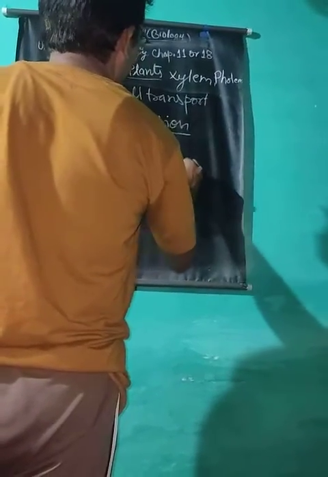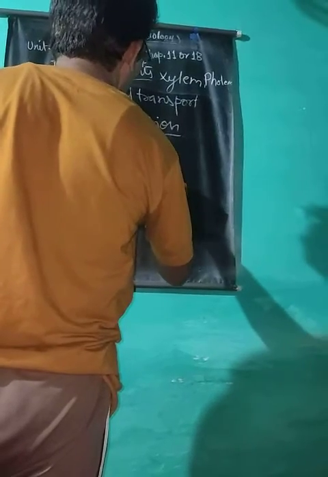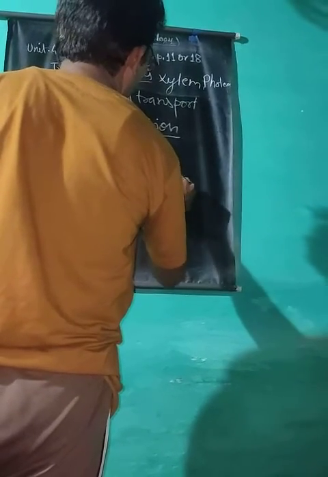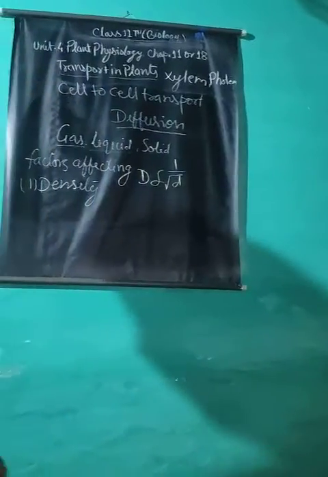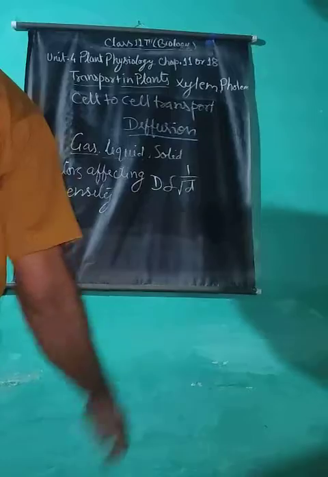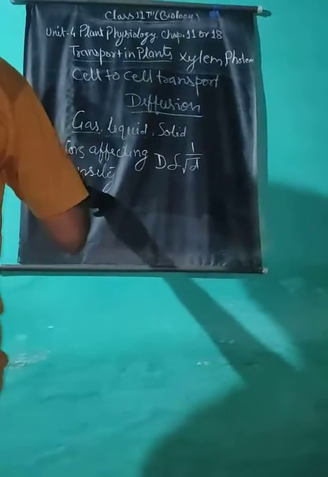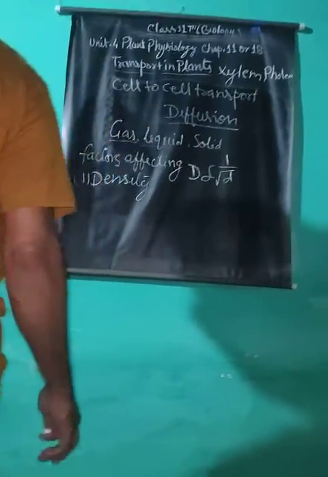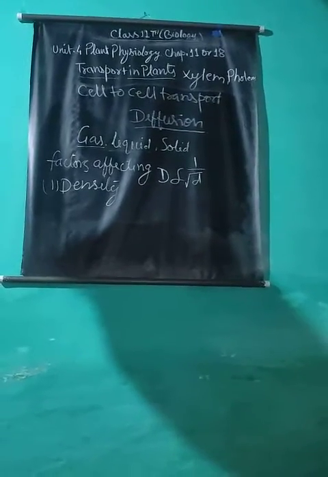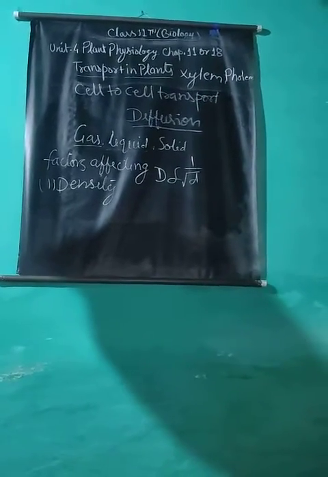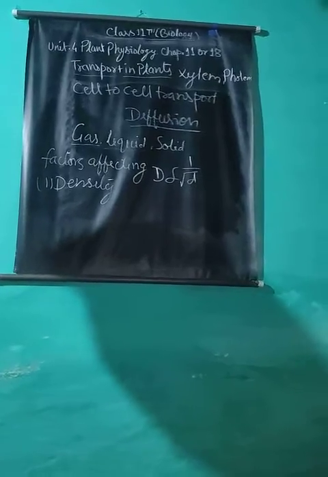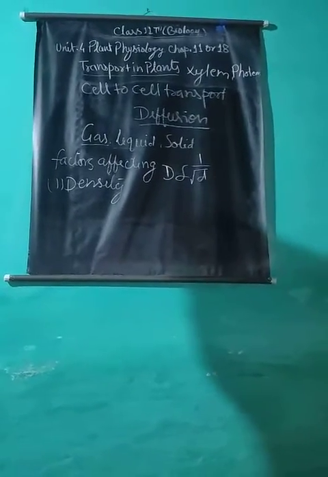or D is proportional to 1 upon under root d. Here D is the rate of diffusion and small d is the density of the diffusing substance. Density of diffusing substance and density of diffusing medium: if the density of the diffusing medium is higher, the rate of diffusion of a material will be lower.